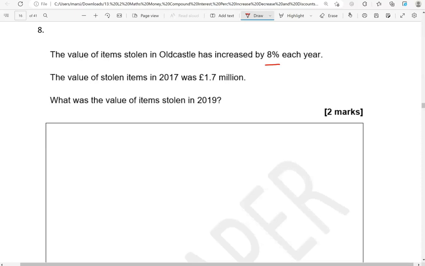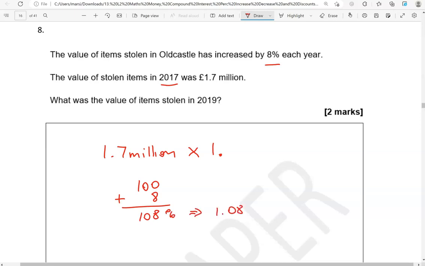just like compound interest. So if we start with the original amount, which is 1.7 million, we are going to multiply that by the multiplier. So 1 point, that is 100% plus the 8%, that gives us 108%, which is the same as 1.08 as a decimal.